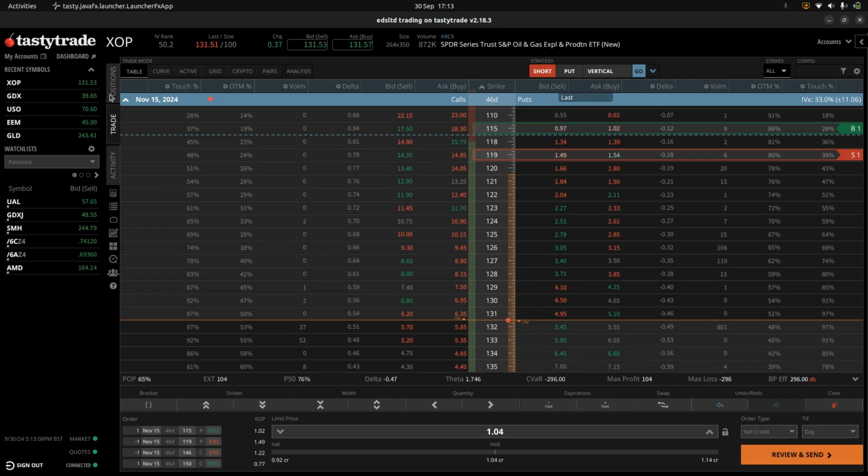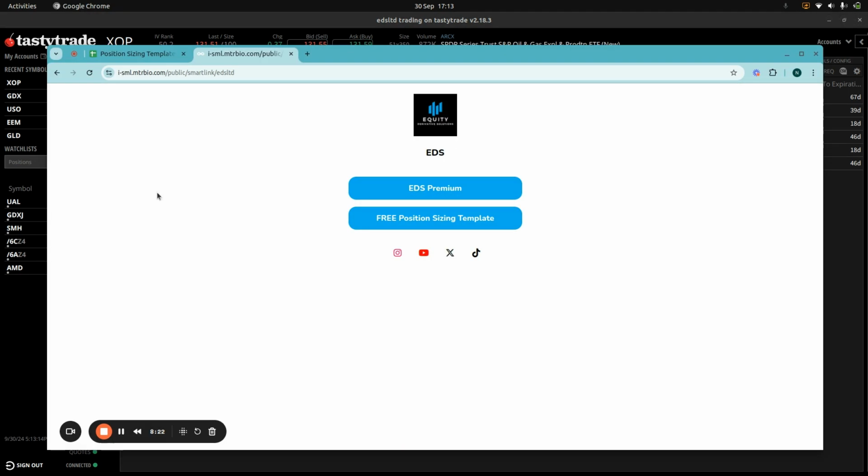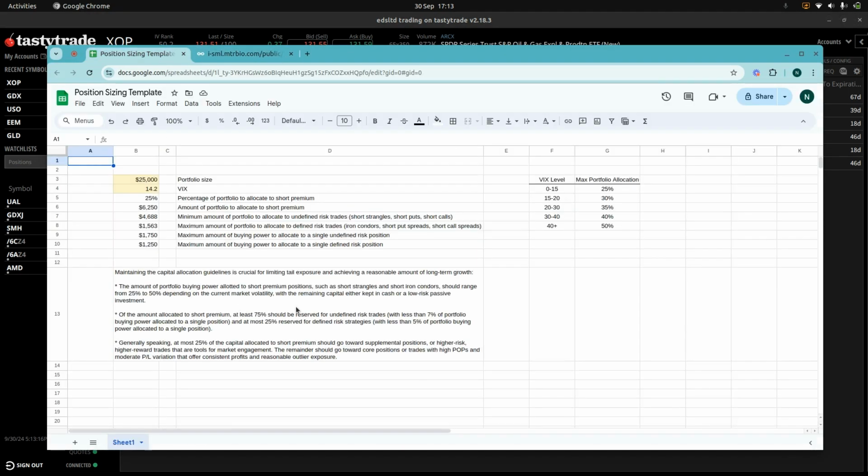So that's XOP. There is something else you also need to keep in mind when it comes to finding positions, and that is the size of your positions. So we've got a position sizing template for everyone to use. It's completely free to use. The way it works is you enter in the size of your portfolio. Let's say it's $10,000. Below that, you then enter in what the current VIX level is.